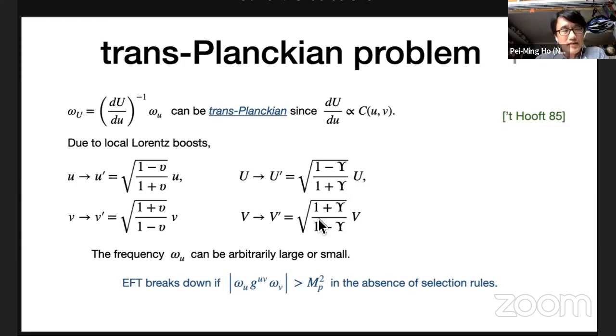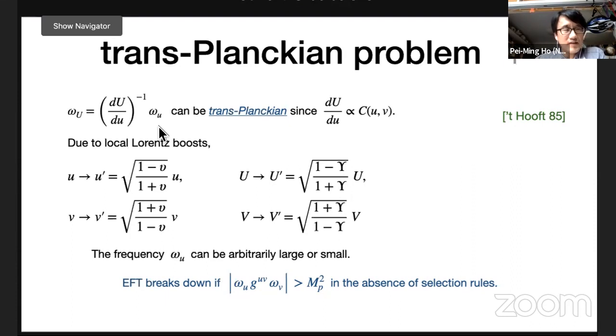So we want to consider the non-renormalizable terms, in particular the higher derivative terms in the effective theory. Now, 't Hooft had pointed out the problem of transplanckian modes involved in the derivation of Hawking radiation.